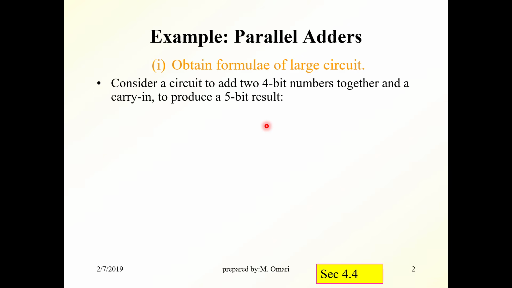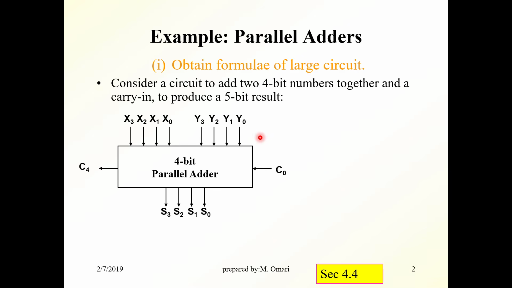Build a parallel adder. What is a parallel adder? It's a circuit that adds two 4-bit numbers together and a carry in to produce a 5-bit result. The circuit will look like this. This is the first 4-bit number, X. This is the second 4-bit number, Y. And this is the carry in, C0, which is 1 bit.